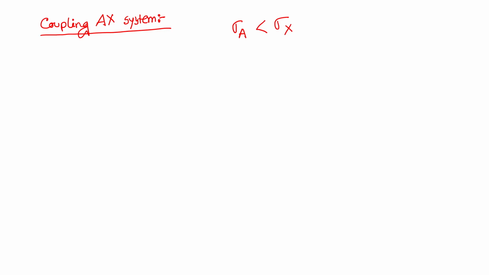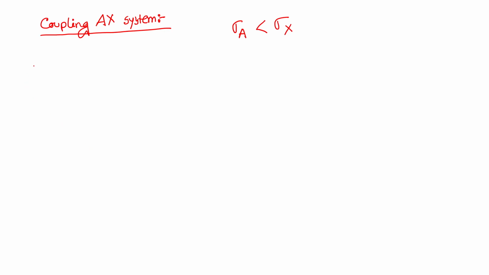But in this case it is the same system where two kinds of protons, nuclei, A and X are there. I will not say proton but nuclei, because this is true for all other nuclei also. So it is a two spin system.